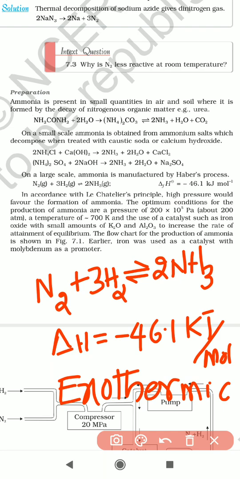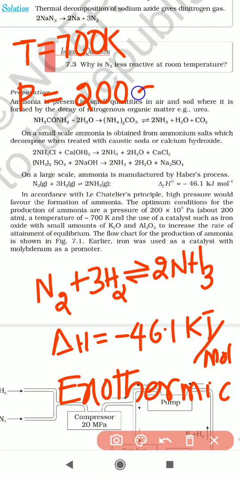Next, what are the major optimum conditions used in this process? The temperature must be maintained at 700 Kelvin, and the pressure at 200 atmospheres.